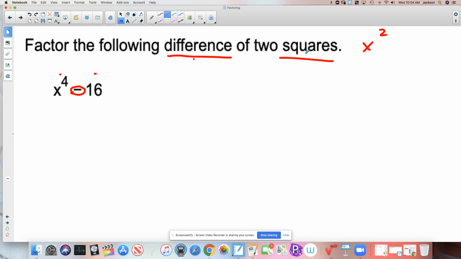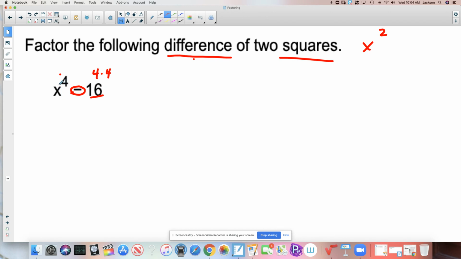The squares part implies that I can produce this number by multiplying something by itself, okay? Now, we typically call that a perfect square, right? So the 16 is easy because we can get 16 by doing 4 times 4. Now, the x to the fourth in this case, right?